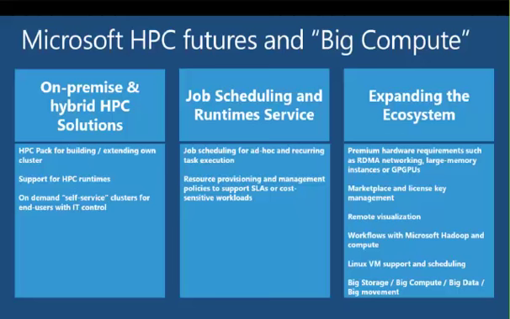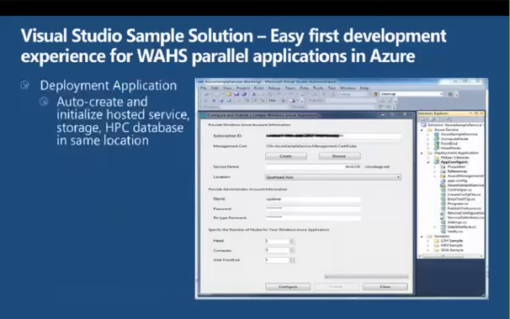Those are libraries and also services that we provide on your on-premise and the nodes that are actually doing the computation. And soon, as I said earlier, we'll have premium hardware with RDMA networking, and we'll have remote visualization and workflow. A lot of that work is currently in progress as future work.